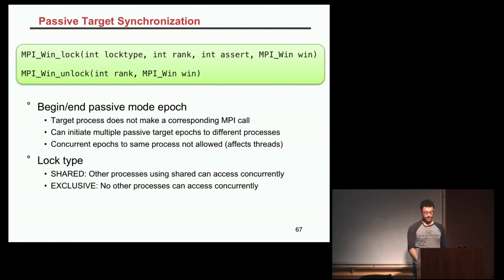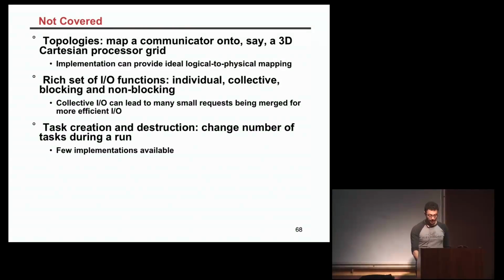You make an MPI call, put or get, within the locked window, and no concurrent accesses to the same process are allowed. If you put exclusive, no other process can access that locked region at the same time. If you put shared, you can. So just know about those. And that's pretty much the end of it.